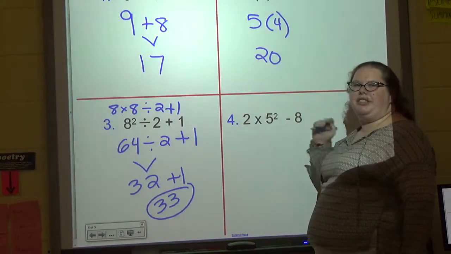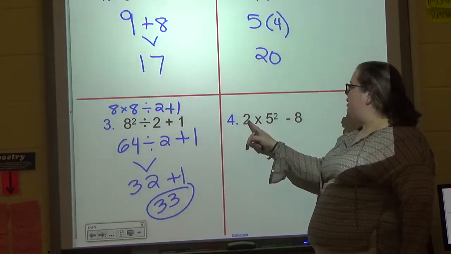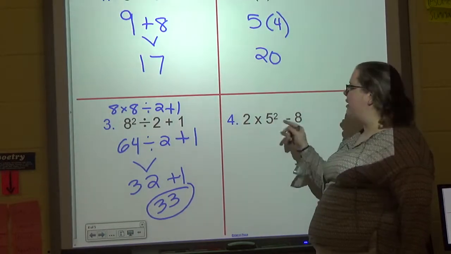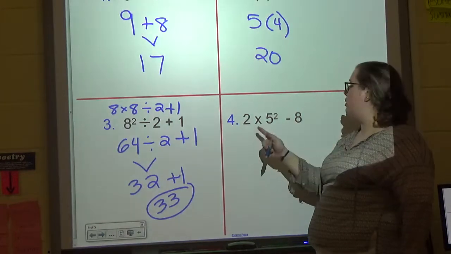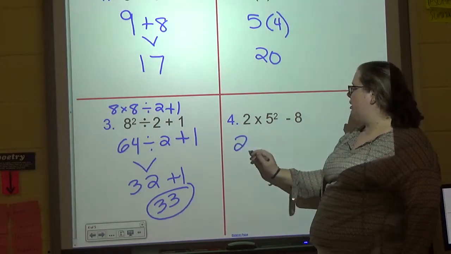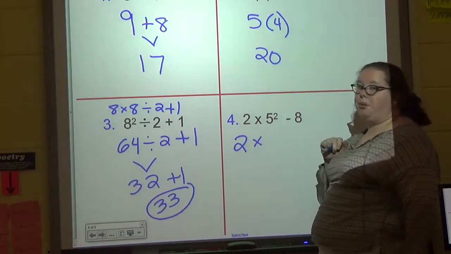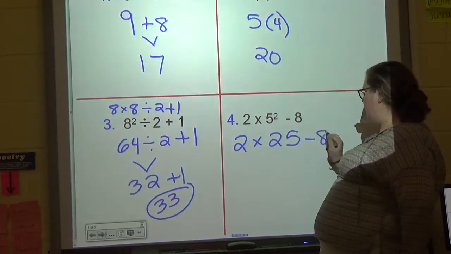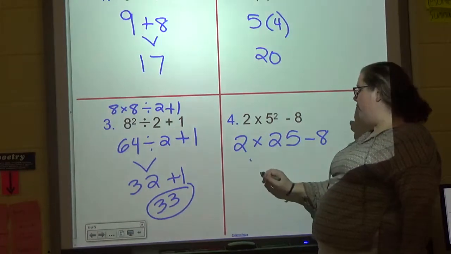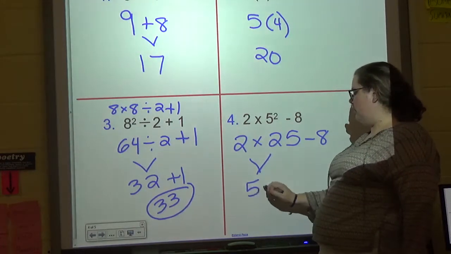Alright, next one. Again, exponents first, because 2 times 5 is 10. That will not work. You have to do your exponents first. So 2 times, what's 5 squared? 25 minus 8. 2 times 25 is 50.